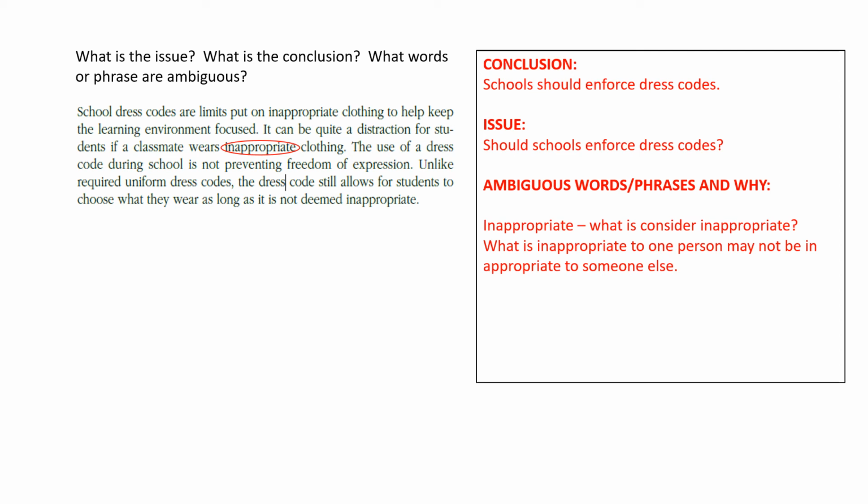So maybe shorts that are past your knees is appropriate clothing. And then to some people, anything above the knee is considered inappropriate. So again, that word is ambiguous because how people define inappropriate is very different.